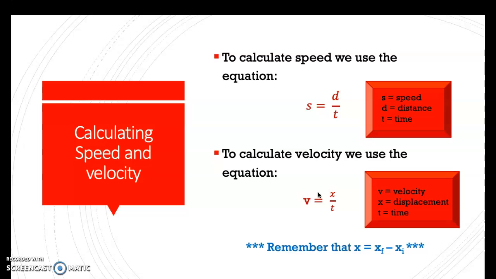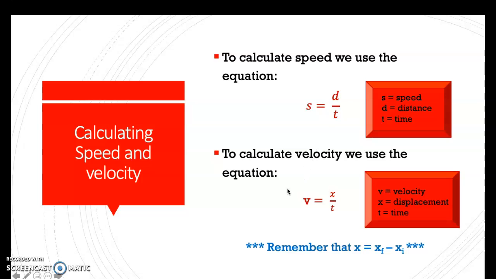To calculate speed and velocity, the equations are similar, but because speed is dependent upon distance versus displacement, the equation for speed is speed equals distance over time. So S is speed, D is distance, and T is time.